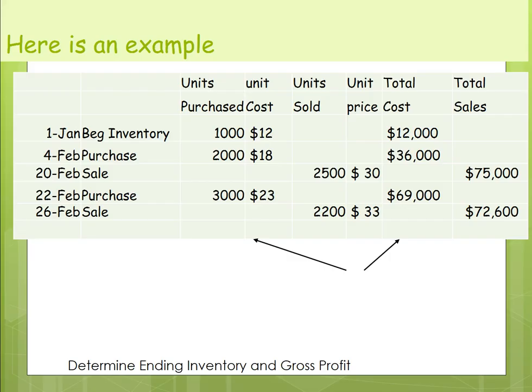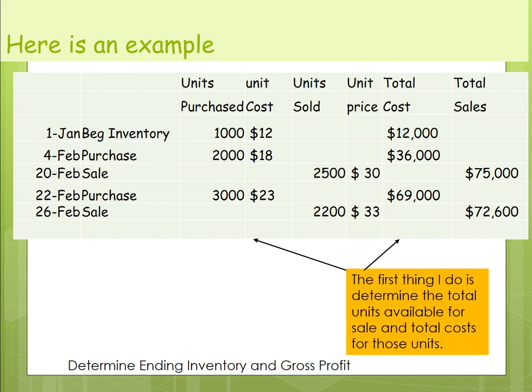Now here's our same problem that we had from periodic. And we're now going to go through and do the same thing, i.e. figure out what's our total cost of goods available for sale and total units available for sale. How many units did we sell, so we can determine what we have left in ending inventory.